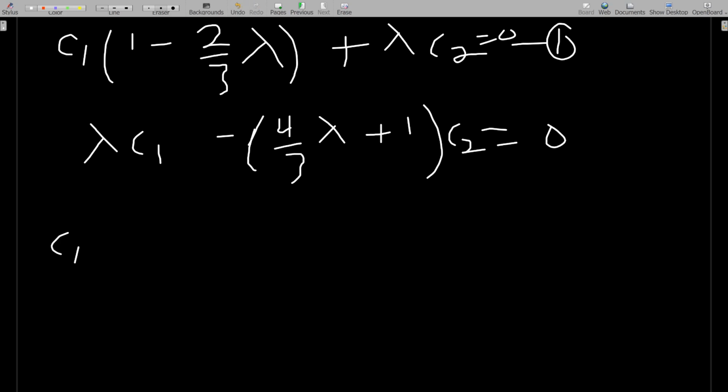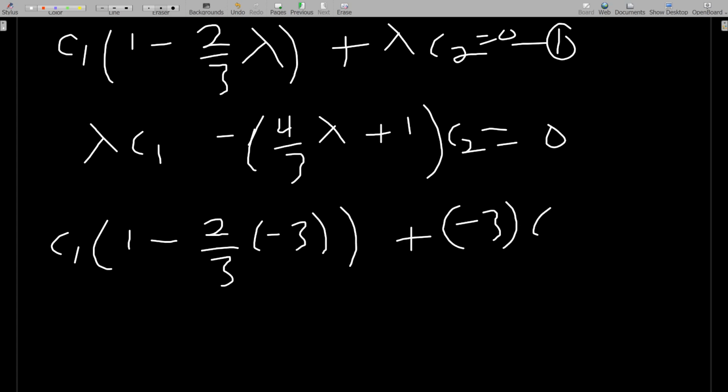we'll get c1 times (1 minus 2 over 3 times -3), plus -3 times c2 is equal to 0, and this will take this and you have -1 like that. So I have c1, then here will be 1 minus 2 times -1, here will be -1, so I have plus, so it becomes 1 plus 2 like that.